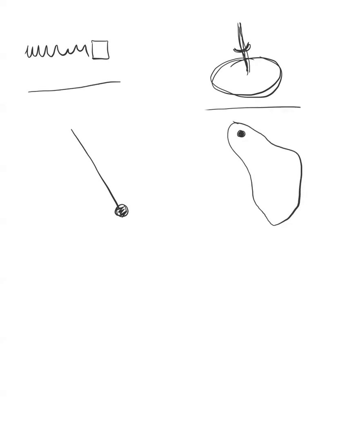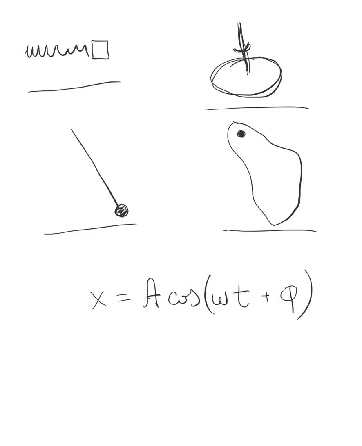We looked at simple pendulums, and we looked at extended pendulums. And in all these cases, we had a simple harmonic motion, meaning that our equation for the deviation was amplitude times cosine of angular frequency times time, plus a phase. The only difference is what kind of frequency you get.